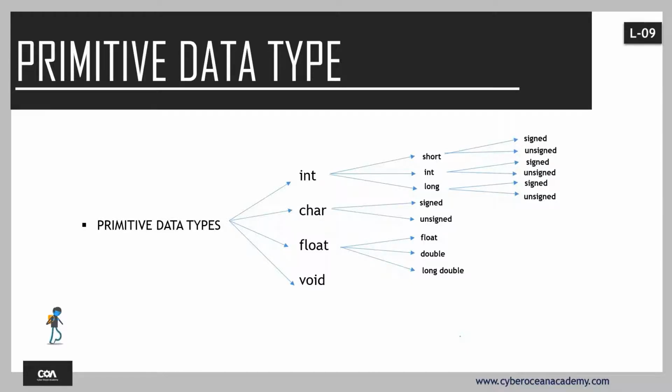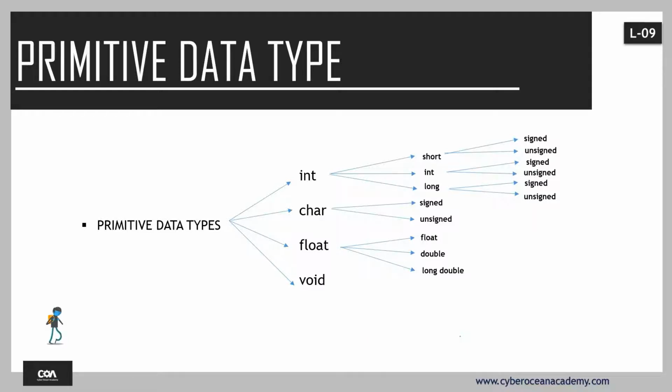And here we have a void keyword. The data type is void data type, and the void data type holds no value. It is basically used in different cases. If you want to specify the return type of a function, you can use the void data type there.